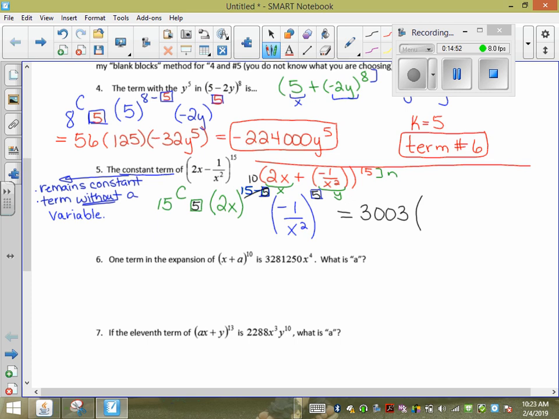So what I have to remember to do is 2 to the 10 x to the 10. You have to remember to do that coefficient to the 10 as well, which is what everyone forgets. So I'm going to get 1,024 x to the 10. And then I have to remember to do this negative 1 to the 5. We agree? Negative 1 to the 5 is negative 1. And then x squared to the 5.